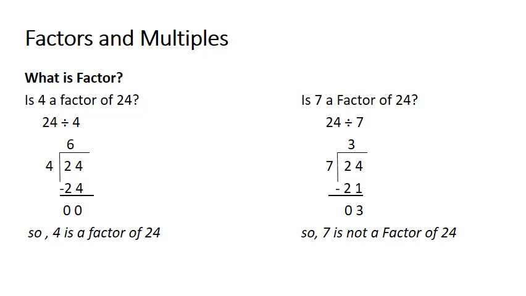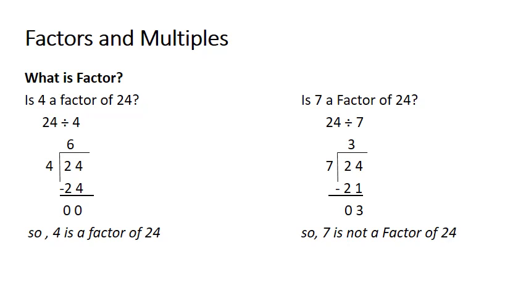In the first example, we are checking whether 4 is a factor of 24 or not. To know that, we will divide 24 by 4. When you divide 24 by 4, it will give you 6 as a quotient, that is 4 sixes are 24.